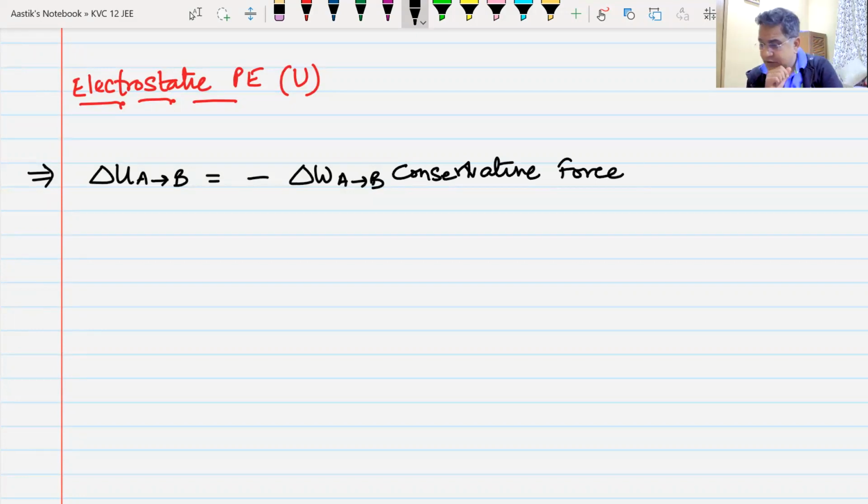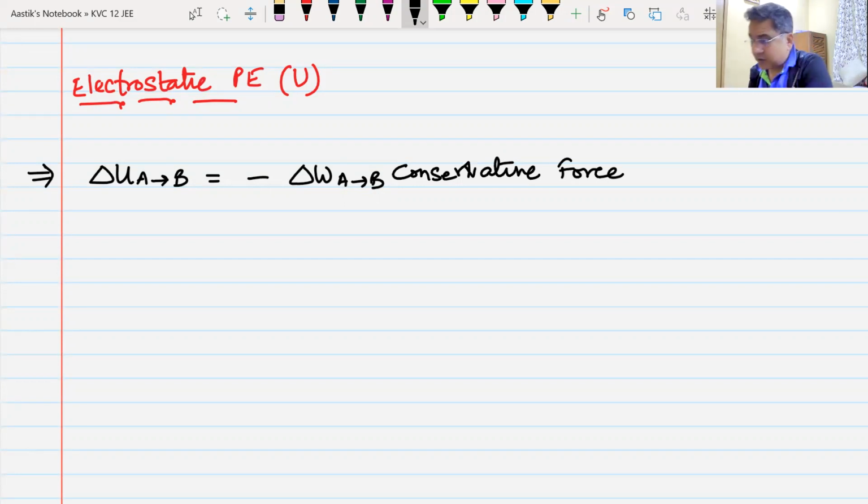Delta U A to B is equal to negative of delta W A to B by the conservative force. This is the definition of electrostatic potential energy. Now, can anyone tell me in words how will I say this? I've written the mathematical expression for it, and I want someone of you to tell me how do I speak.